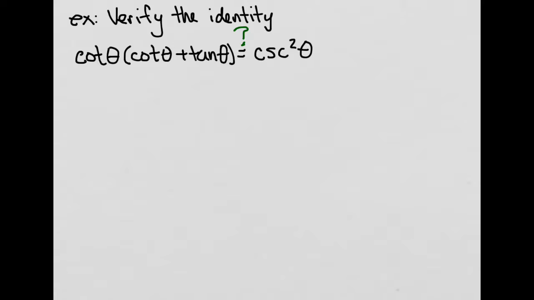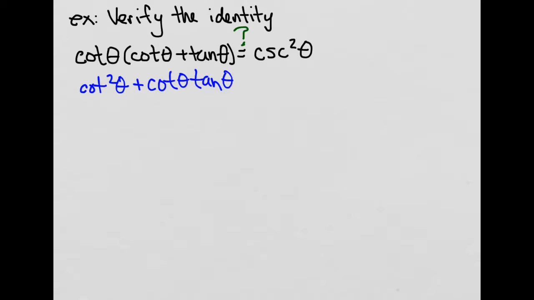One thing I might do first is distribute this cotangent through the parentheses. So that would be cotangent squared theta plus cotangent theta tangent theta. And then before I start changing these things into sines and cosines, I am actually going to look over here at this cotangent theta tangent theta.